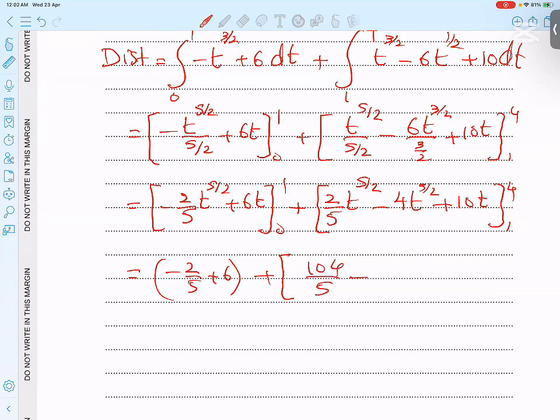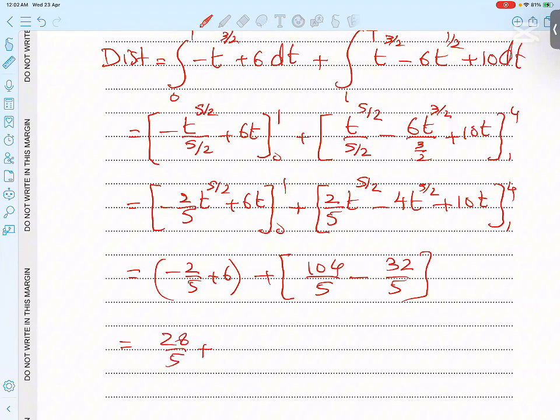Upper limit done. Now I'm going to plug in 1. When I plug in 1, I will get this number and this number. So 2 by 5, negative 4, and plus 10. I'm getting here 32 over 5. So negative 2 over 5 plus 6, I got 28 over 5.